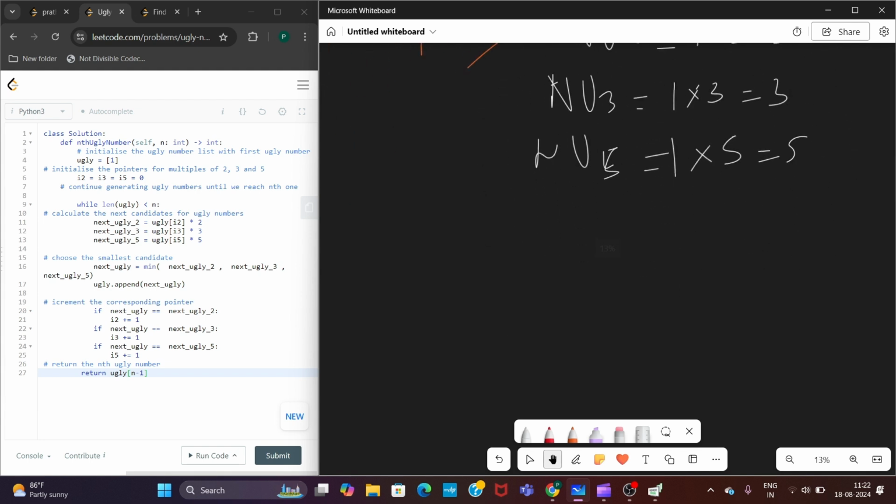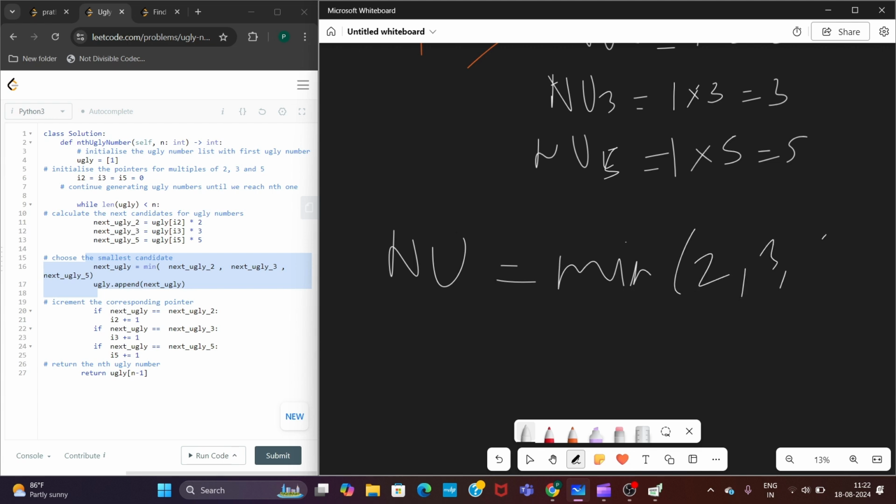Moving forward, we find the smallest candidate, which means choosing the smallest candidate over here. So my next ugly will be equal to the minimum of 2, 3 and 5, which is 2.